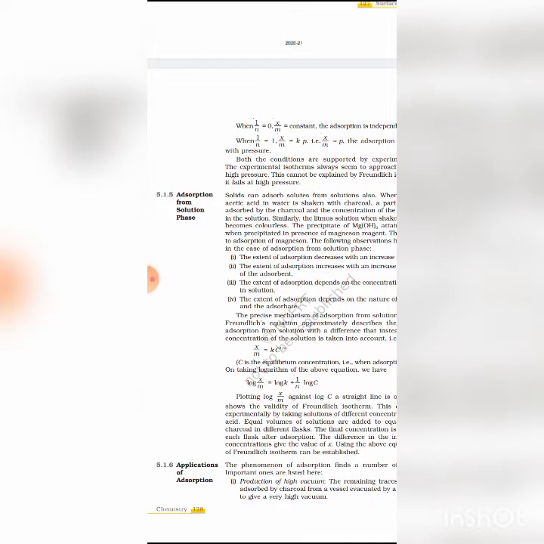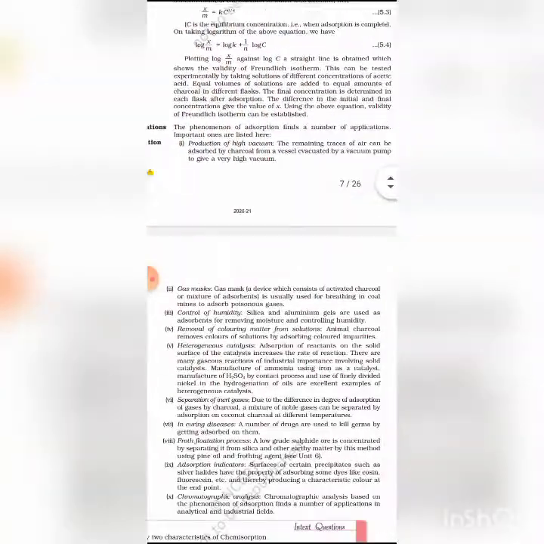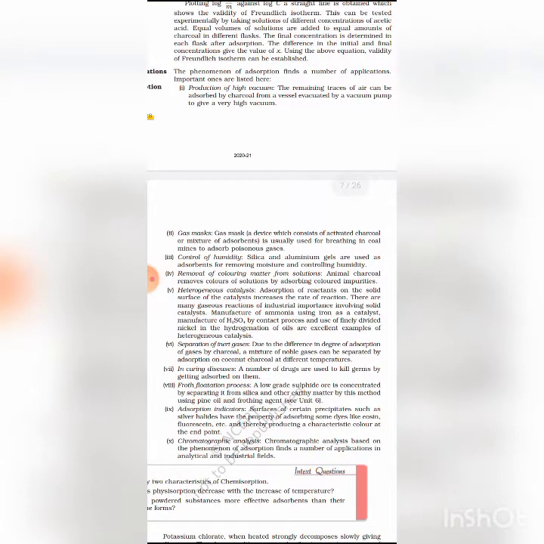Then removal of coloring matter from solutions: animal charcoal removes the colors of solutions by adsorbing colored impurities. Control of humidity: silica and aluminium gels are used as adsorbents for removing moisture and controlling humidity.